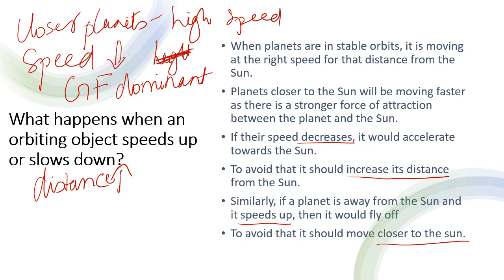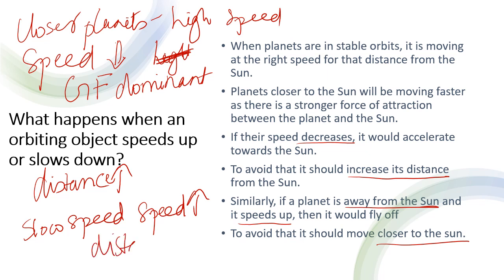But if we are talking about planets that are further away from the sun, they already have a slow speed. In their case, if the speed increases, they can overcome the force of attraction. So they need to increase the force of attraction, so they have to come closer. For them, the distance should decrease.